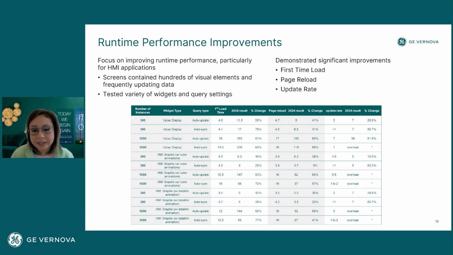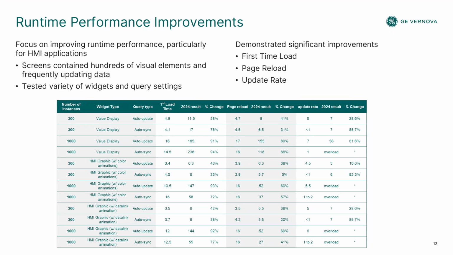So this was a very targeted performance fix, right? We went in and we looked in particular for the widgets that we thought were most likely to be used by HMI developers. And this includes things like HMI graphics and value displays. So, displaying data on the screen, like a data link, right?